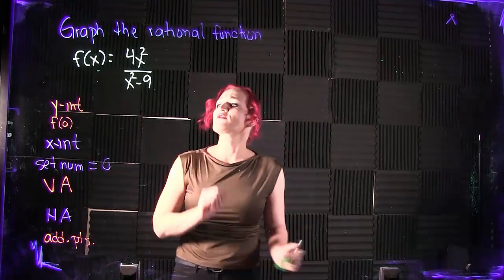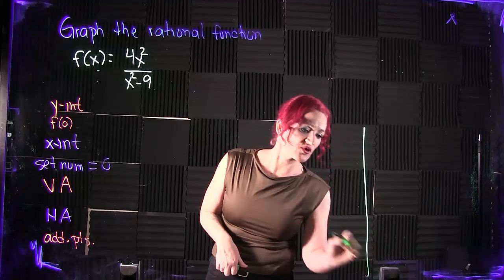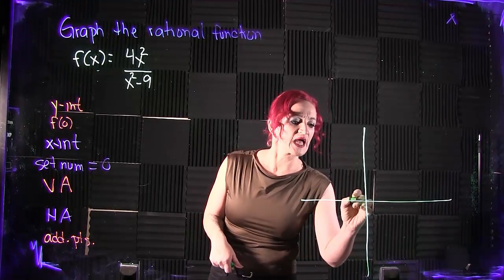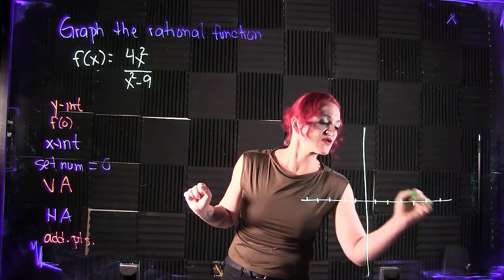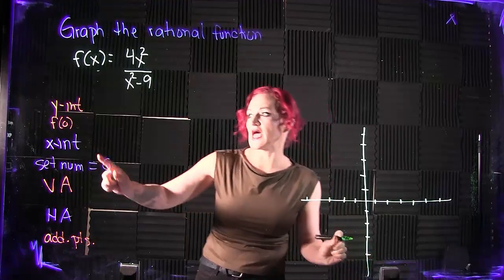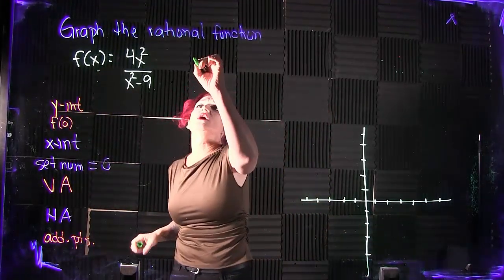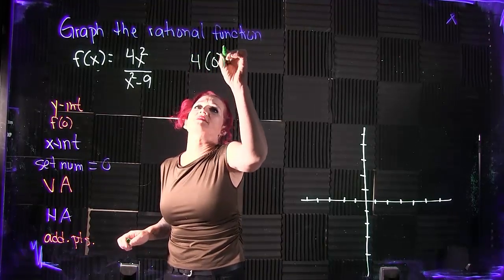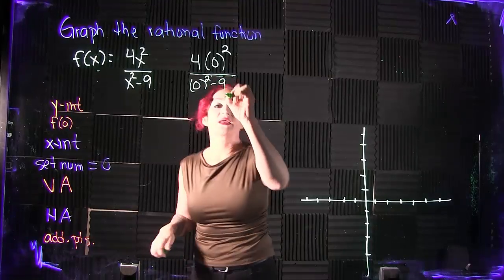So one of the first things we're going to do is find the y-intercept for your graph. Let me go ahead and draw this out a little bit. To find the y-intercept of any function, you want to evaluate f of 0. So plug 0 into your function. That's going to look like 4 times 0 squared over 0 squared minus 9.